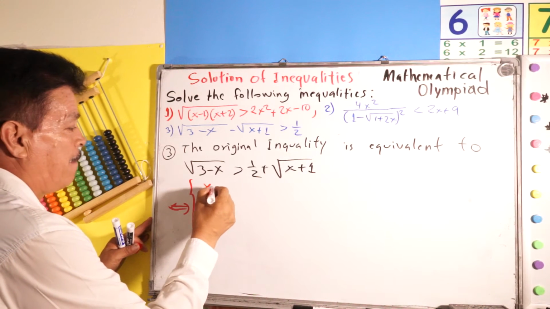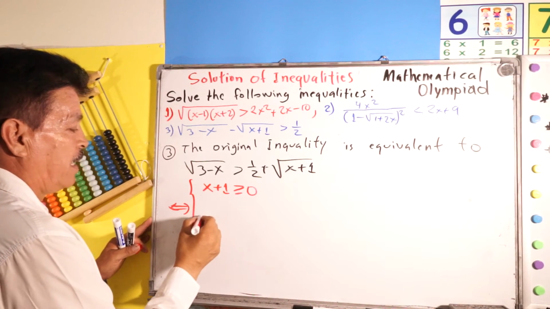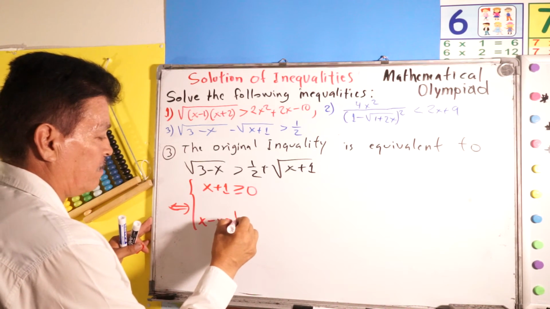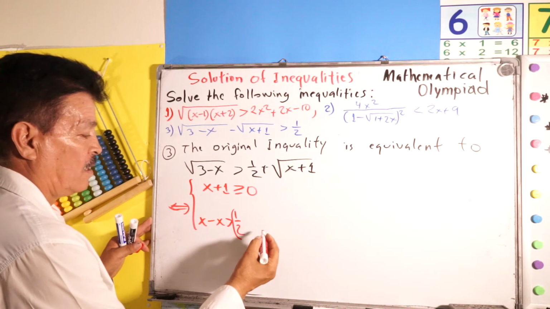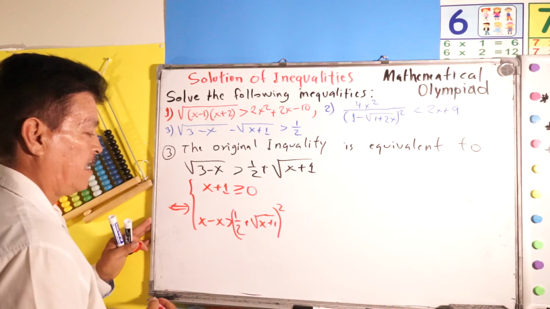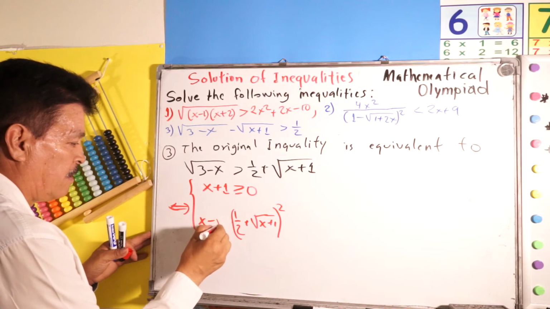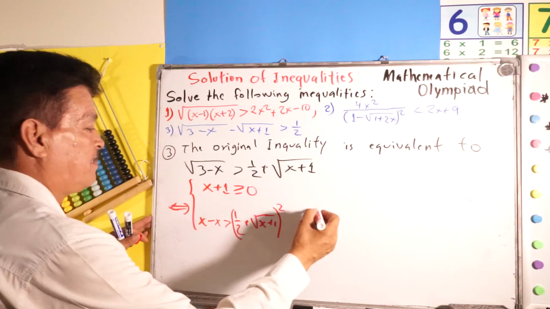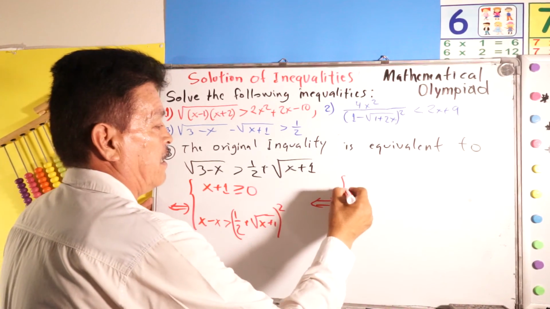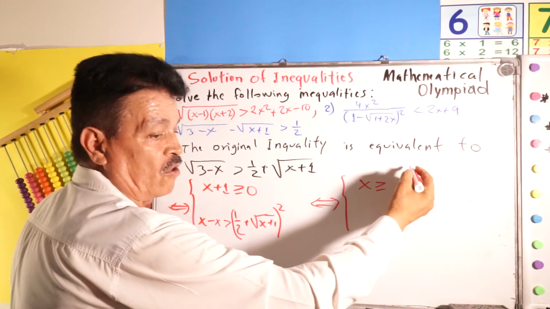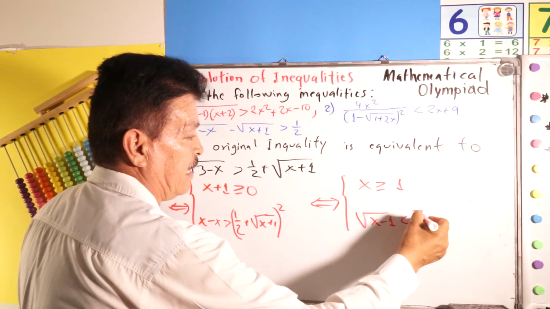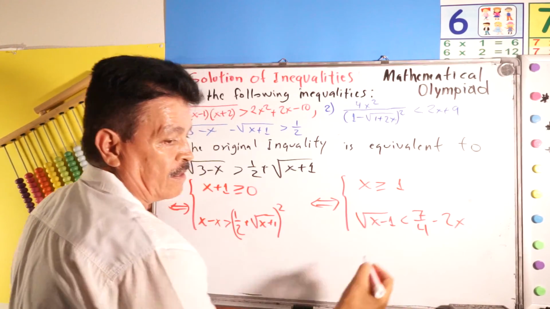The first one, x plus 1 greater than or equal to 0. Then 3 minus x greater than (1/2 plus the square root of x plus 1) squared. Here x greater than or equal to 1, and at the bottom the square root of x minus 1 less than 7/4 minus 2x.